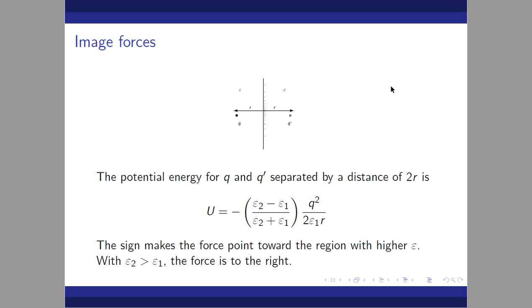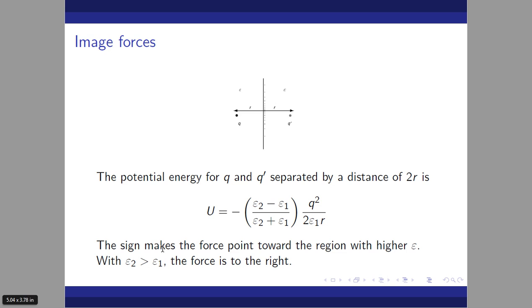So these are from our textbook. Here, the potential energy for Q and Q prime. Let's say this is Q and this is Q prime, with a distance of 2r. So the Coulomb potential energy is equal to this equation.